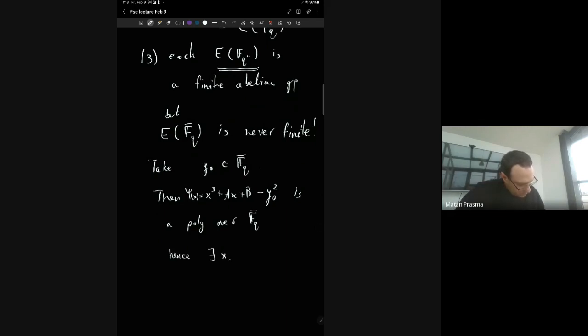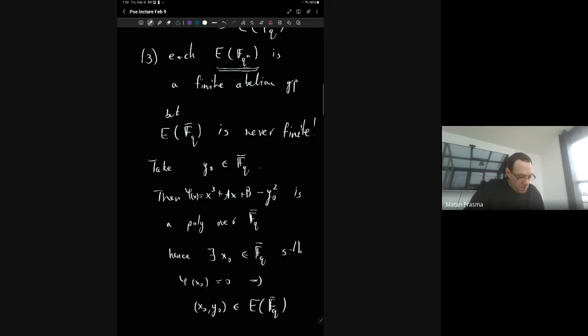So there is some x0 in FQ bar such that phi of x0 is 0. And this means that the point x0, y0 will belong to the FQ bar rational points on E.